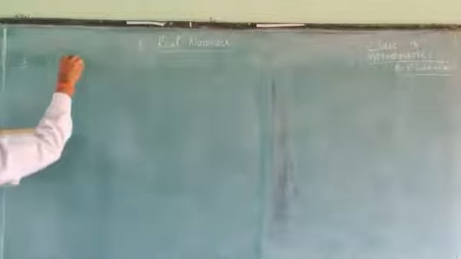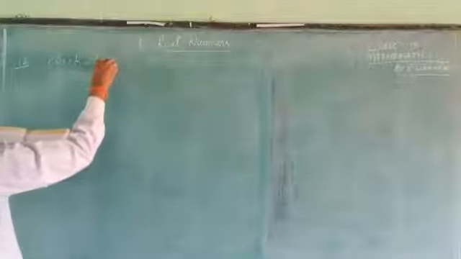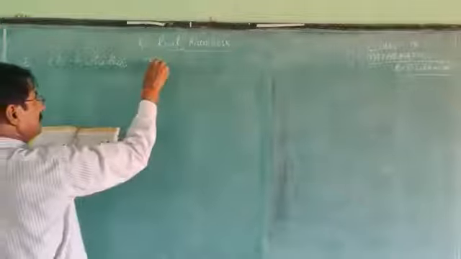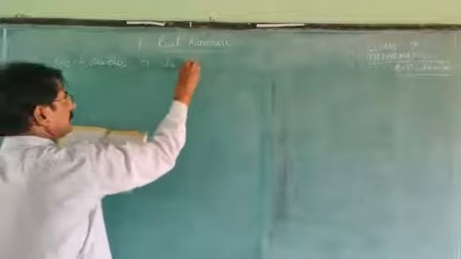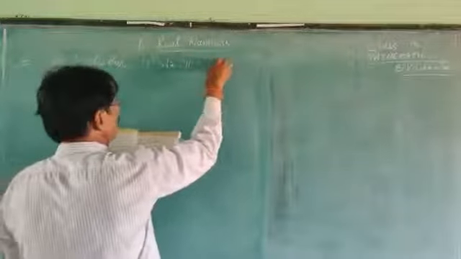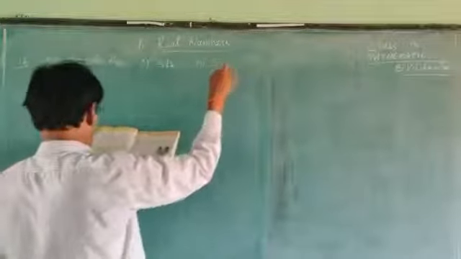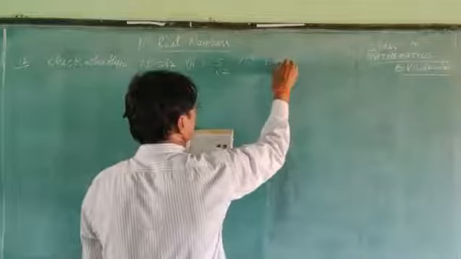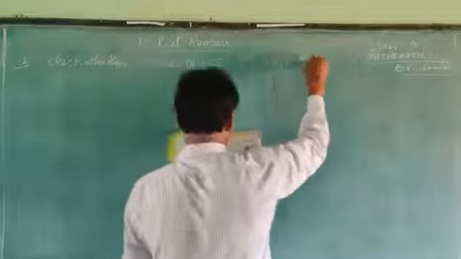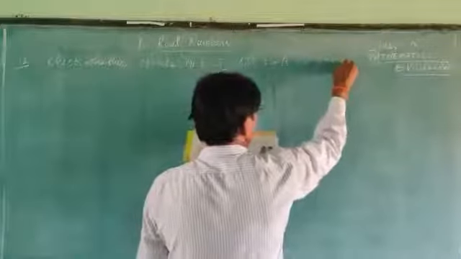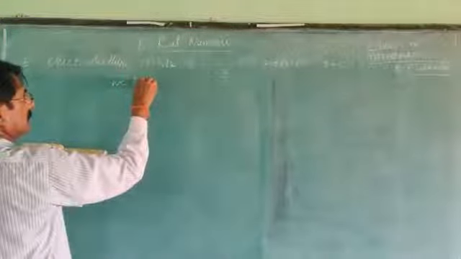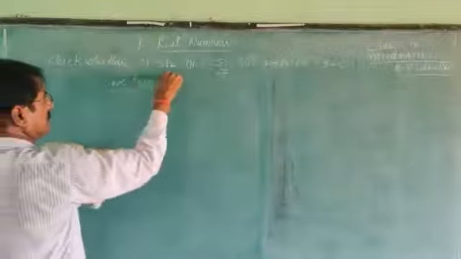Check whether 5 root 2, 5 by root 2, 23, 4, 5. We know the value.